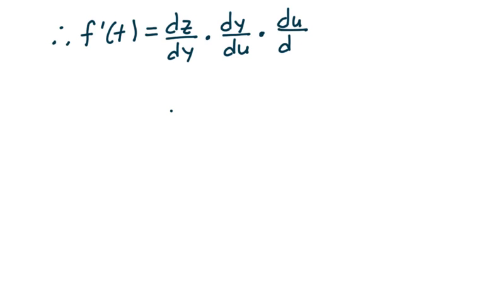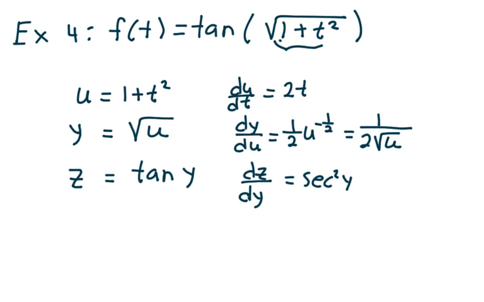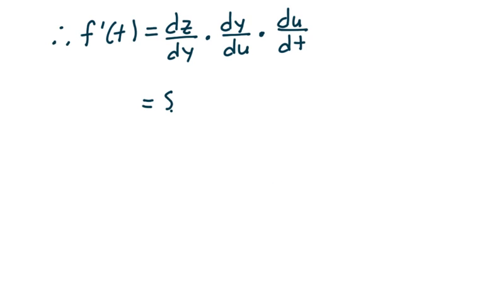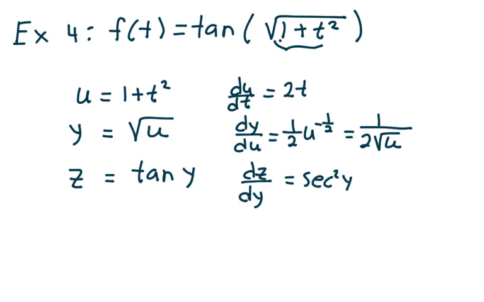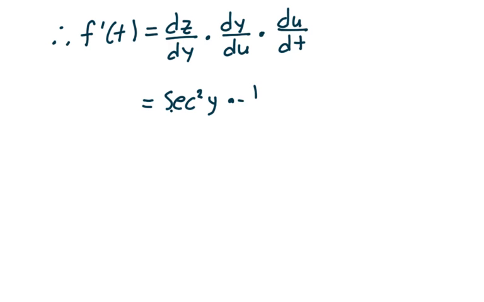So it's kind of an extension of that chain rule that we just learned. dz/dy is secant squared y. dy/du is 1 over 2 times the square root of u. And du/dt is 2t.